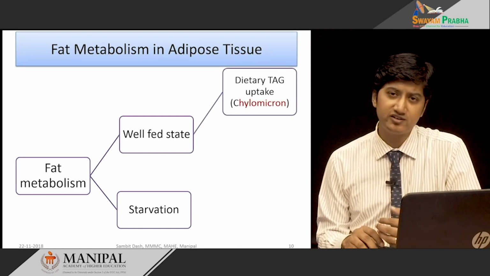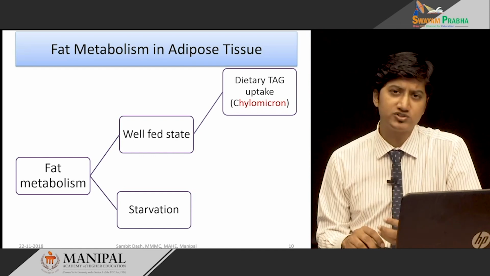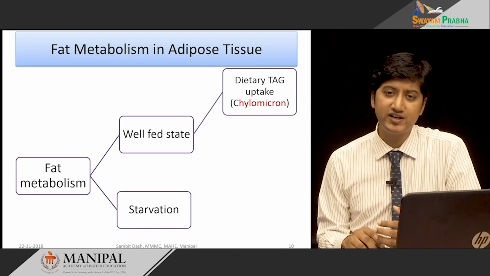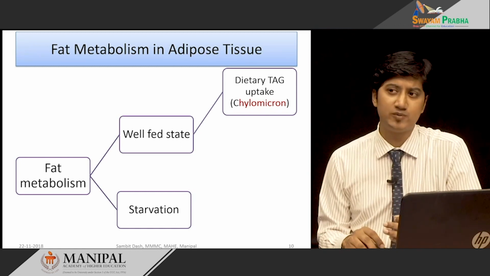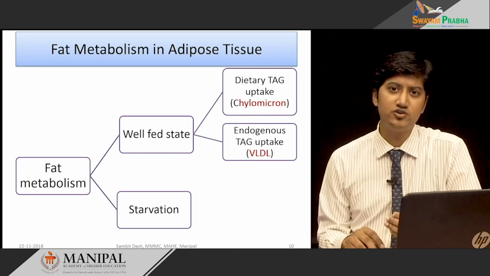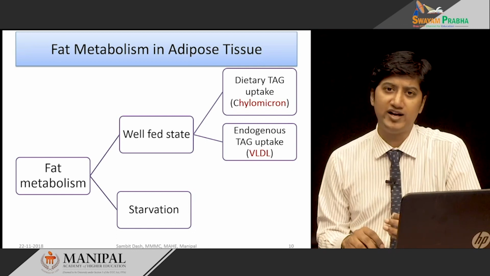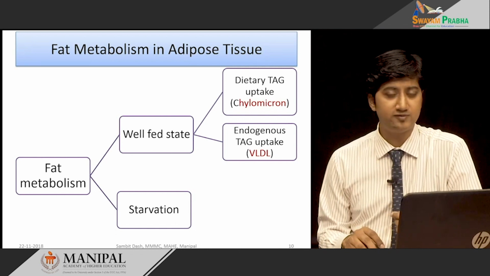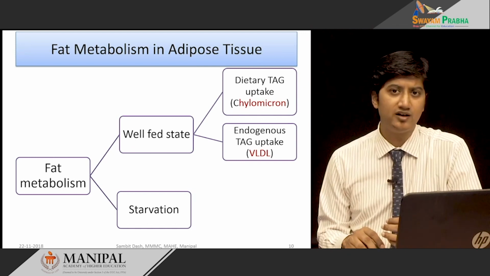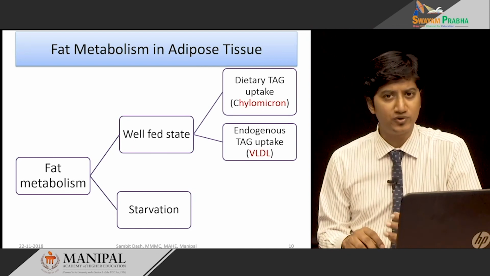In a well-fed state, our liver, which also synthesizes triacylglycerol and packages it in VLDL, very low density lipoprotein, also supplies this endogenous triacylglycerol to adipose tissues. It may be noted here that chylomicron and VLDL are both lipoproteins.